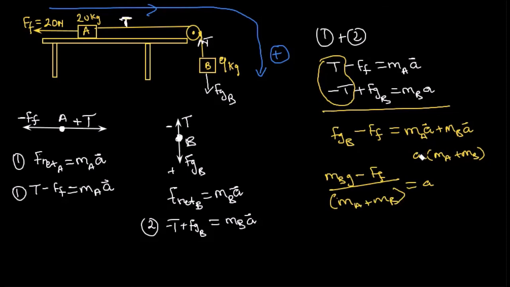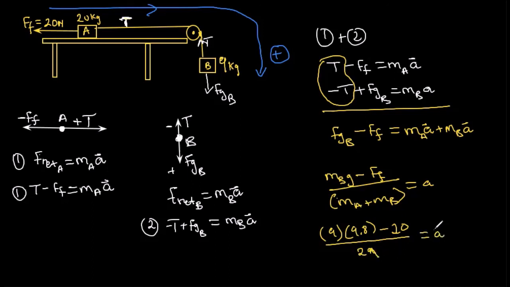And yeah, I can remove that. I just wanted to show what will happen. So then that will be your acceleration. Then the last thing is to just substitute the values. So it's going to be mass of B, which is 9, times 9.8 minus 20, all over 20 plus 9, which is 29.